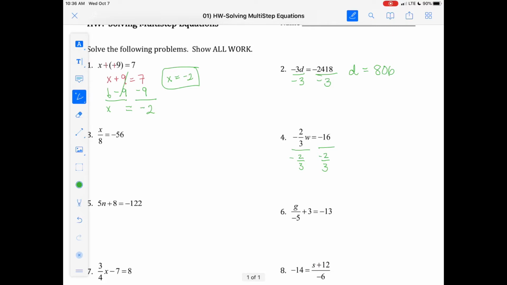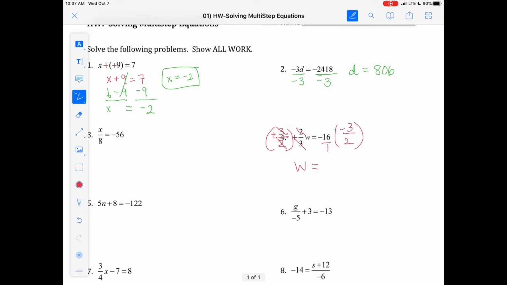So here's another way that we could entertain this problem. We could look at this problem as multiplying both sides by the reciprocal of negative 2/3, which is negative 3/2. And here, look at this fraction power. 2 and 2 cancel out. The 3 and the 3 cancel out. So do those two negatives, which is nice and clean. That leaves me with what I wanted on the left side, w by itself.